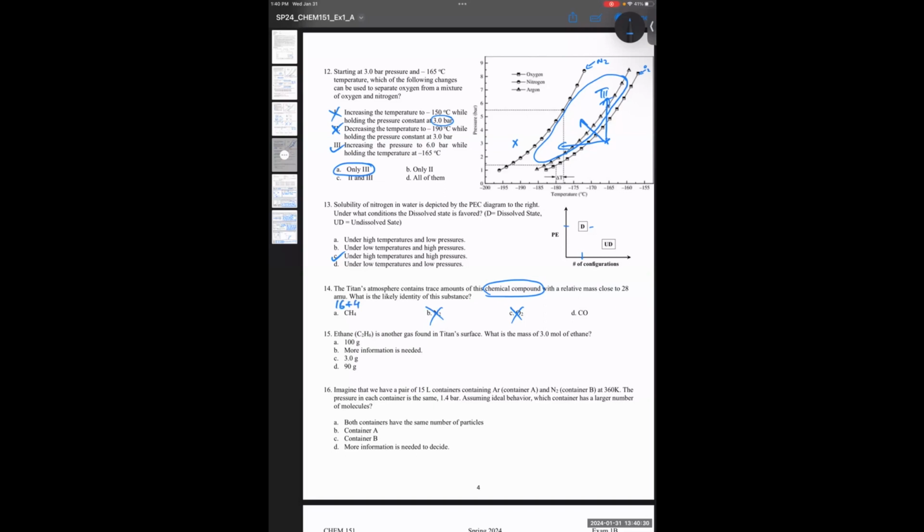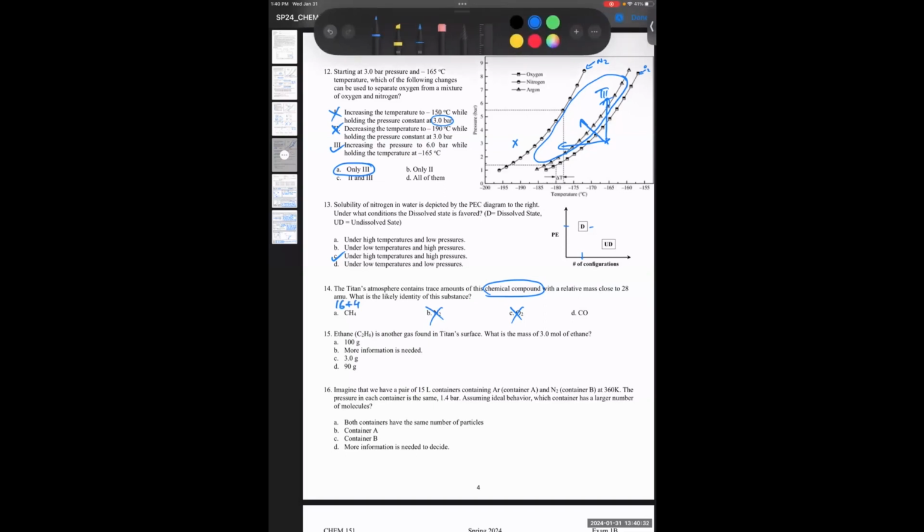Oh, sorry, I take that back. It's 12 plus 4, because carbon is 12, hydrogen is 1, you have 4 of them, therefore this should be 16. And then CO, carbon is 12, oxygen is 16, 16 plus 12 is 28. So correct answer must be option D.